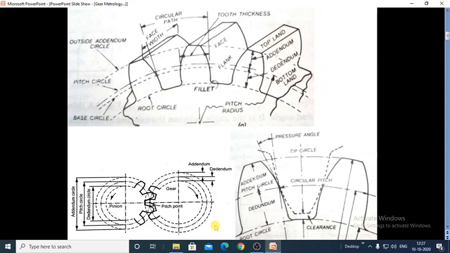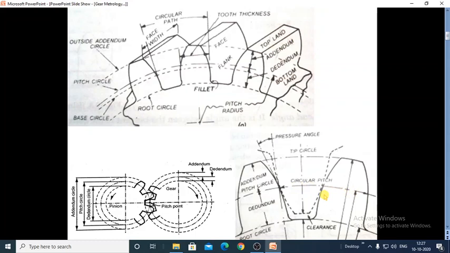Now next we are going to see the circular pitch. So what is circular pitch?